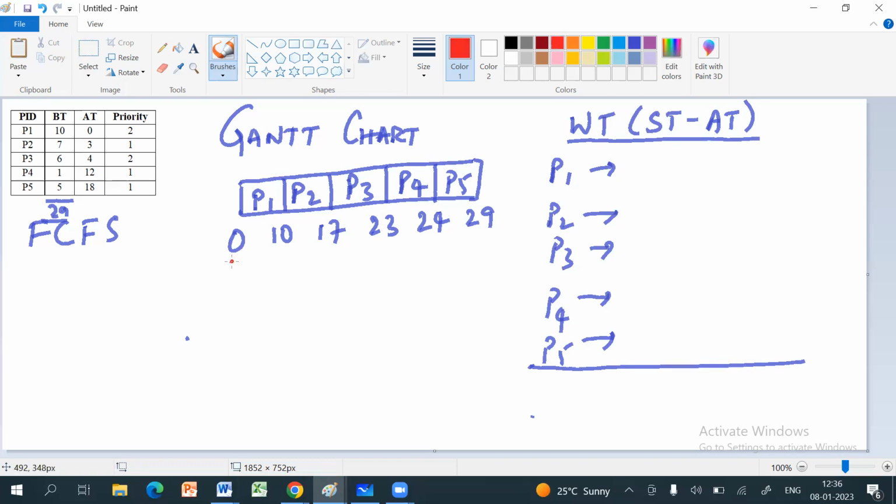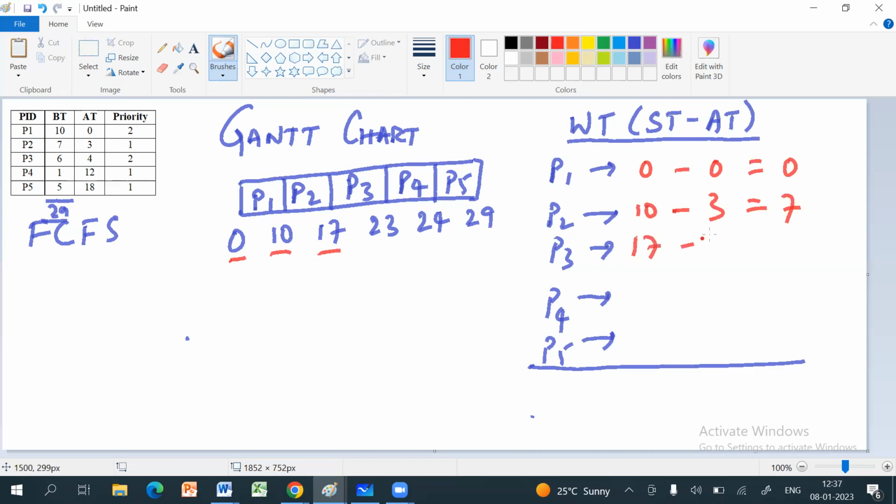So P1 started at 0. Start time minus the arrival time, which is 0. P1 arrived at 0, right? Then followed by P2. P2 started at 10. So 10 minus the arrival time, which is 3, equal to 7. Then followed by P3, started at 17.